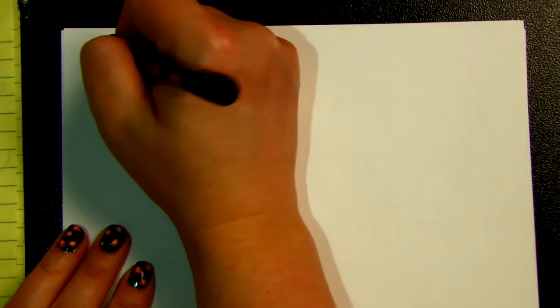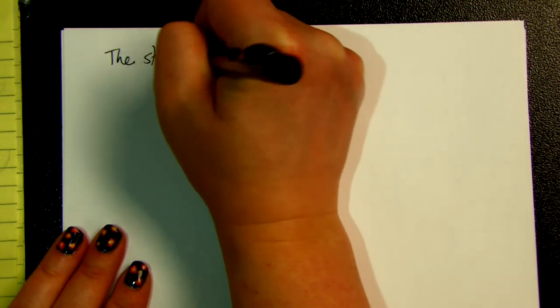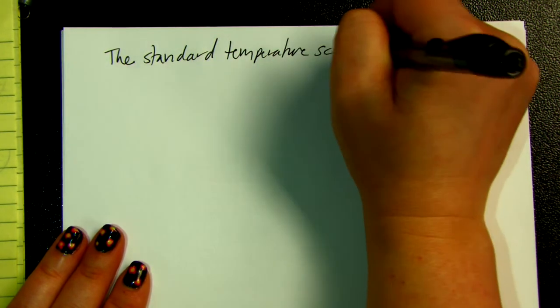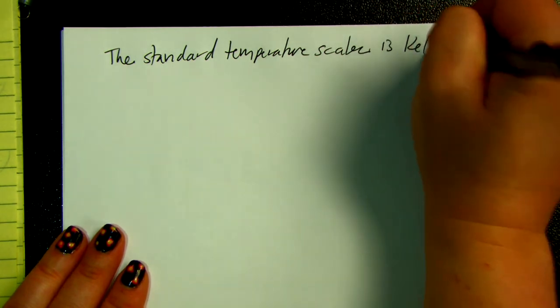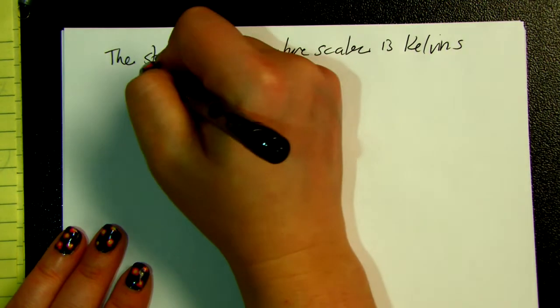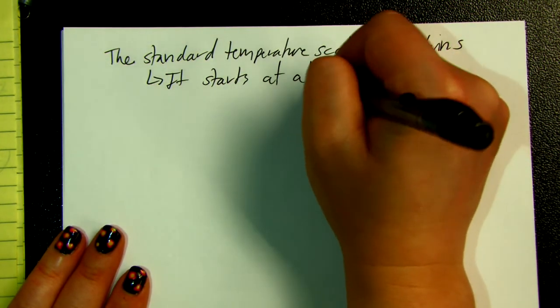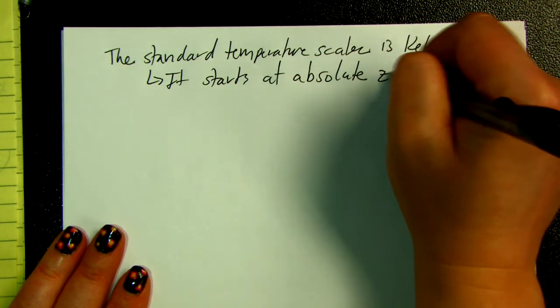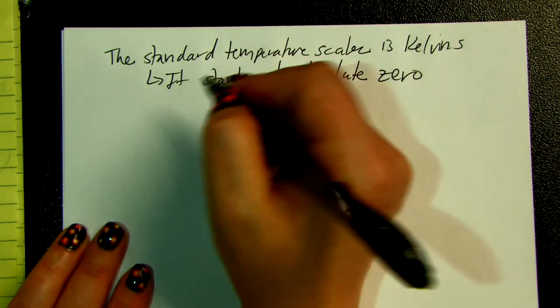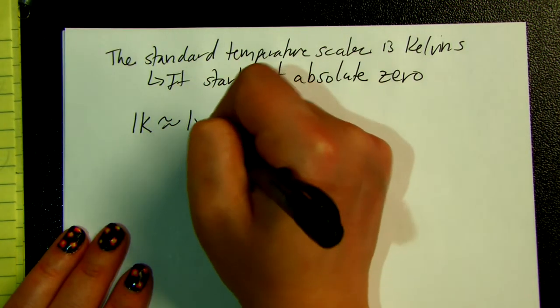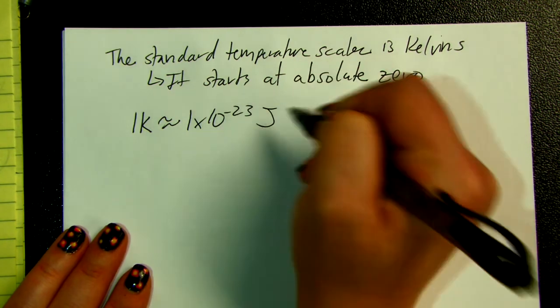So, setting up temperature. The standard temperature scale is kelvins, and it starts at absolute zero. The degree size for Kelvin, so 1 Kelvin, is approximately 1 times 10 to the minus 23 joules.